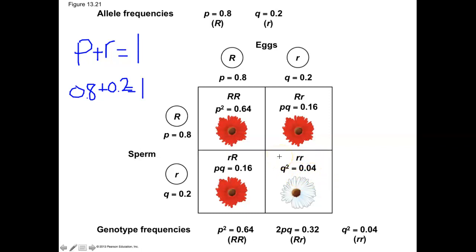If I said, out of this mating, what is the frequency for homozygous red? It's 0.64. Another way of looking at this is that 64% of the offspring are going to be big R, big R. That's the probability.